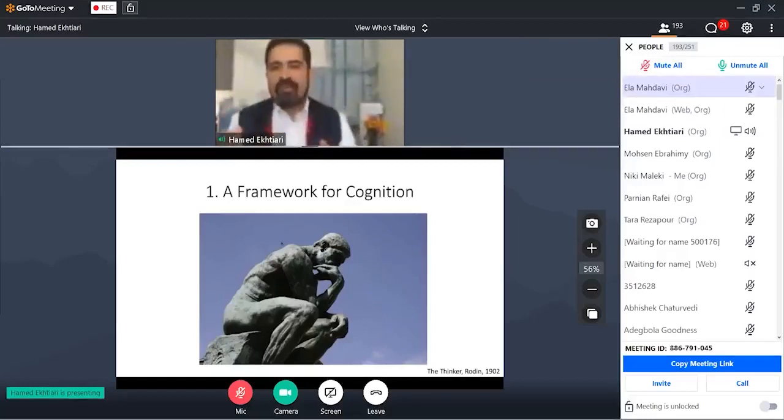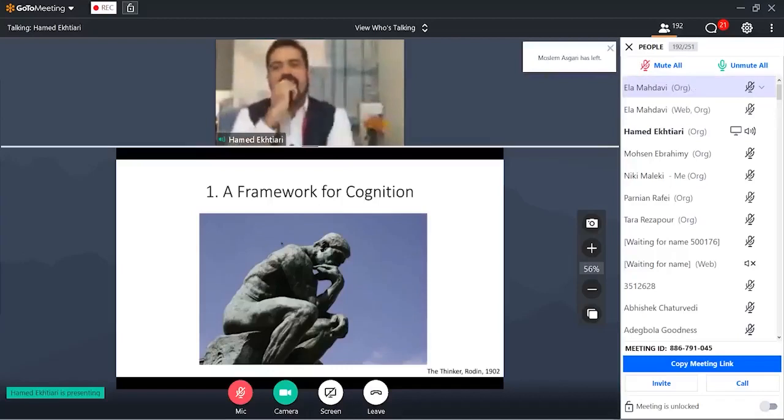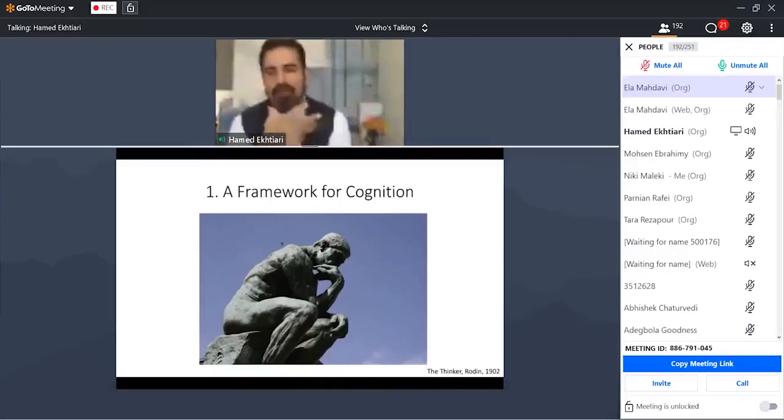Use the chat space and bring up the cognitive functions or brain functions that would be involved in thinking about the future and what is going to happen with the COVID-19 situation.